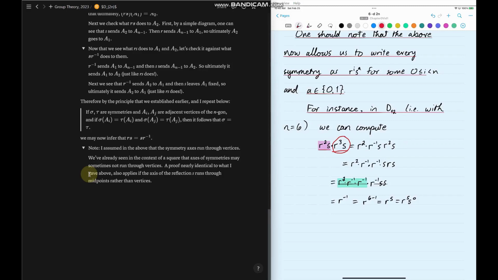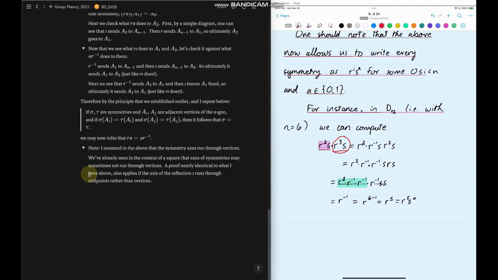What that means is that we would like to have it represented as R to the I, S to the A, because that's how we try to represent every object in D sub 2n. So how do we do it? Well, we use what we just proved. It tells us that we can move R across S if we take its inverse.